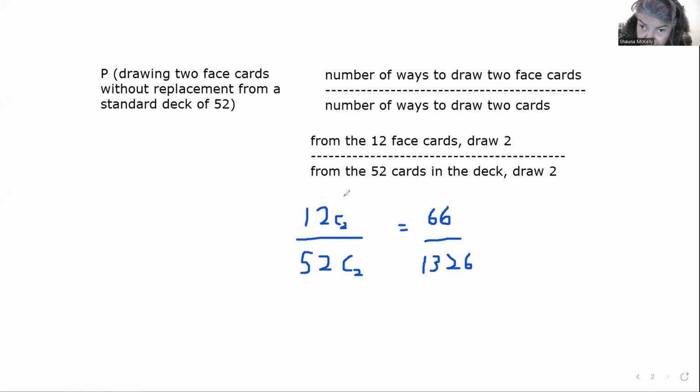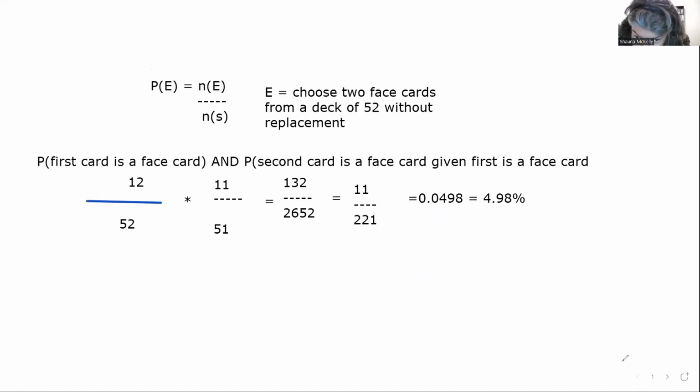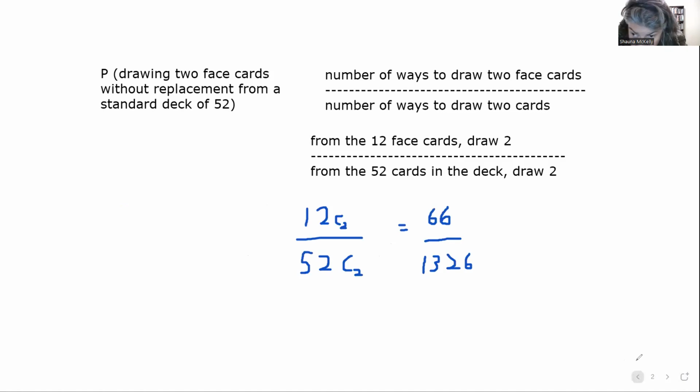So now, let me remind you of something. When I go back, this is not the same fraction, we didn't use the same numbers. But watch what happens here. If I reduce the fraction, let's go to the calculator.